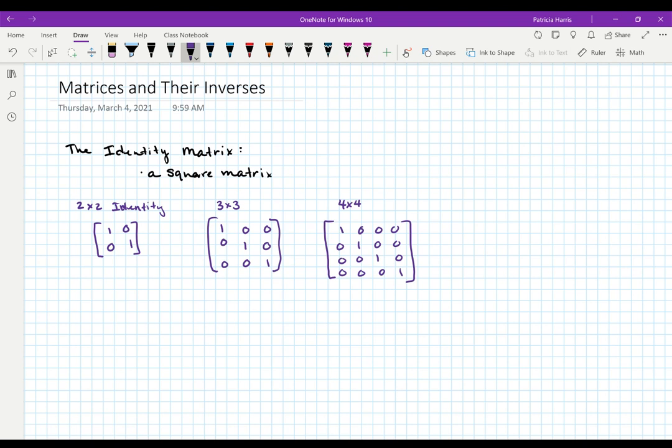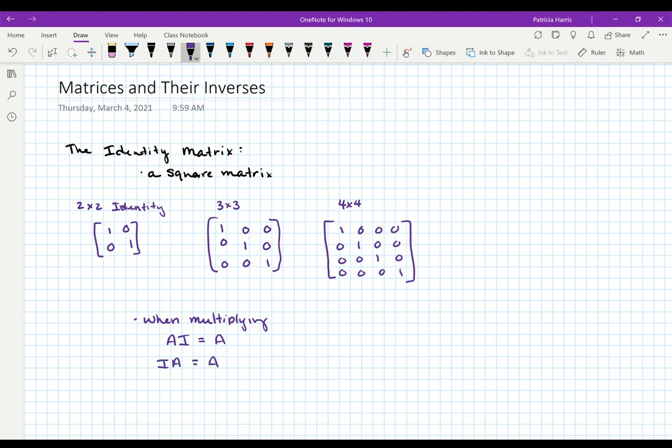Okay, so the other thing is that when you multiply any matrix by the identity, you're going to get the same matrix back out. So A times the identity is equal to the matrix A. Now, that also works commutatively.